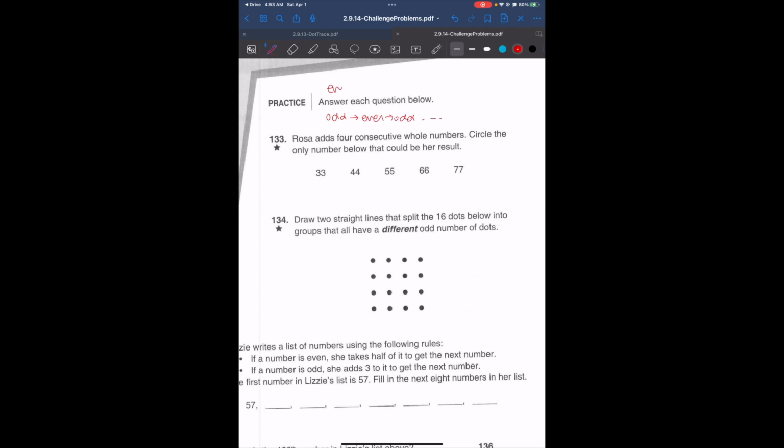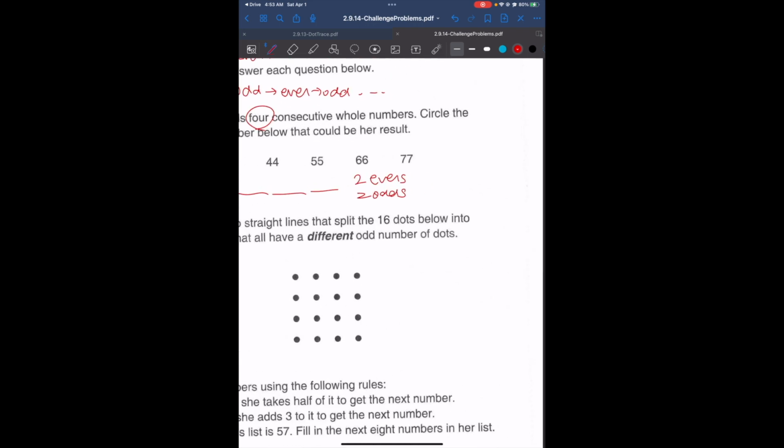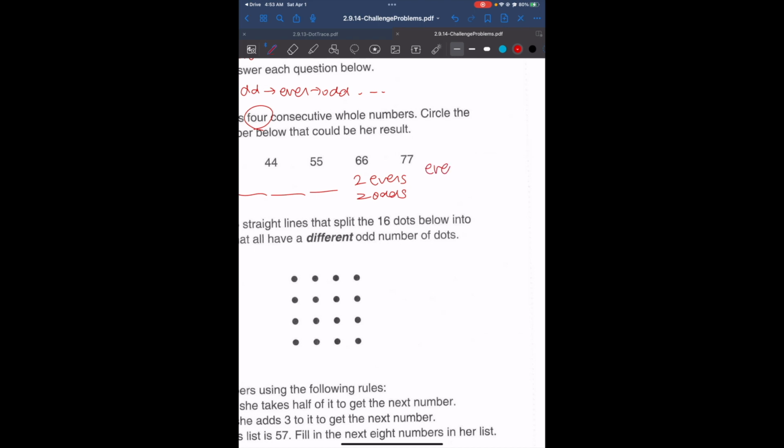Again, if it starts with even, odd, back to even, and so forth. So she adds 4 consecutive whole numbers, which means there's going to be 2 evens and 2 odds. And then so it's going to be even plus odd plus odd.